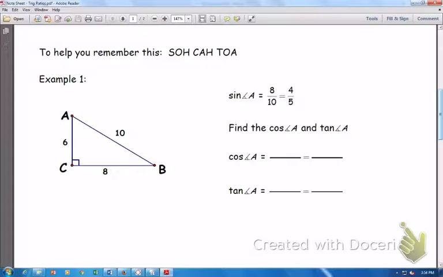Right now we're going to talk about finding the ratios. In this right triangle, we've got legs of 6 and 8, and the hypotenuse is 10. If I start at angle A and want to write the sine of angle A, we have to make sure we put an angle with sine. Sine of angle A is equal to the opposite over the hypotenuse, so 8 over 10, which is 4 over 5.